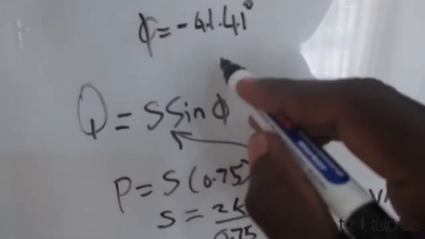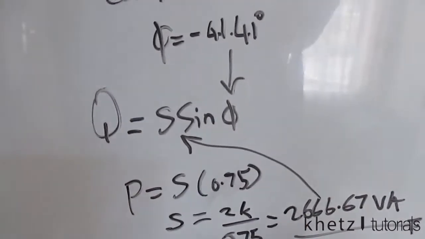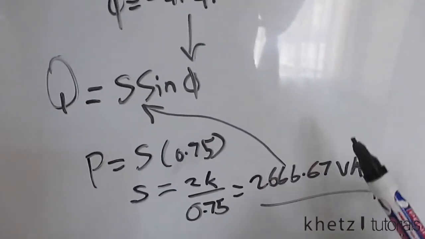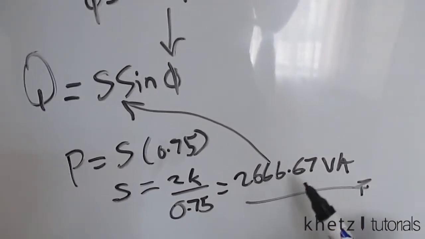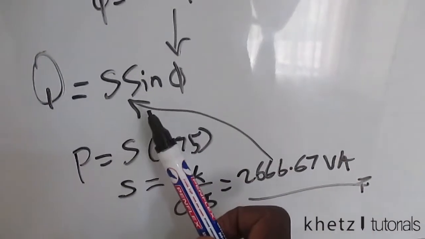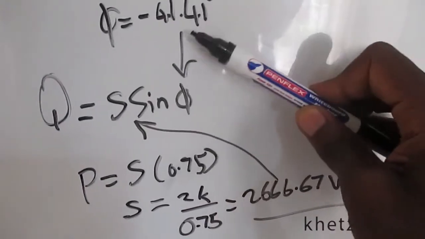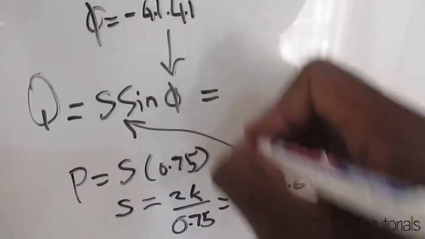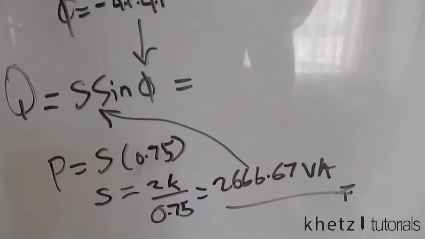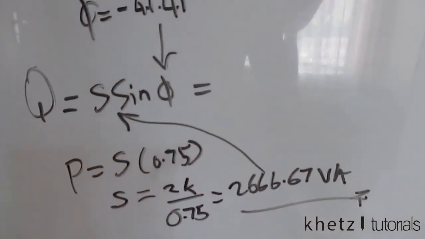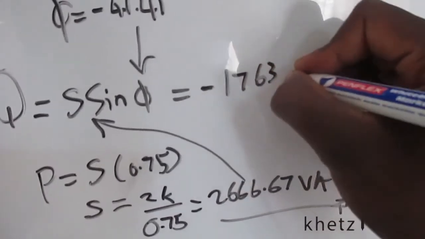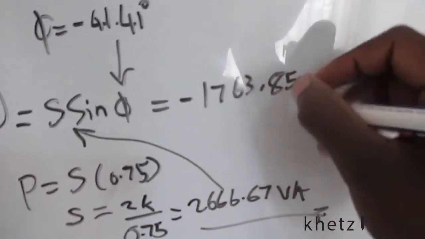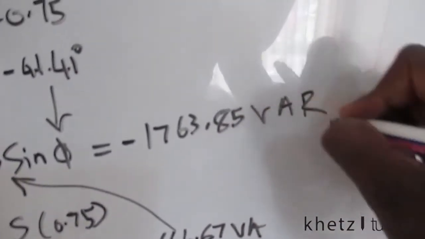Now, taking this apparent power, we multiply it by sine of this same angle. 2666.67 multiplied by sine of negative 41.41, you should get a reactive power of negative 1763.85 volt amperes reactive.